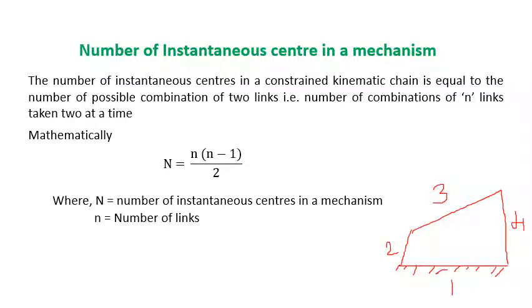So in the given case we have 4 links, therefore the number of instantaneous centers becomes n is equal to 4 into (4 minus 1) divided by 2, therefore N becomes 6. So for a 4-bar mechanism, we can have 6 instantaneous centers.